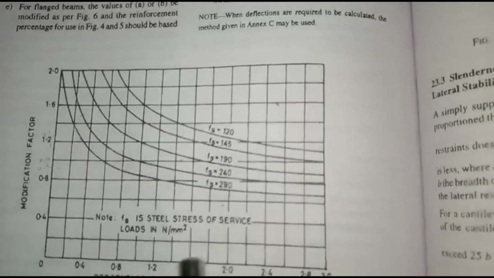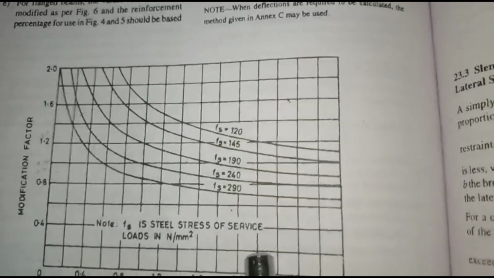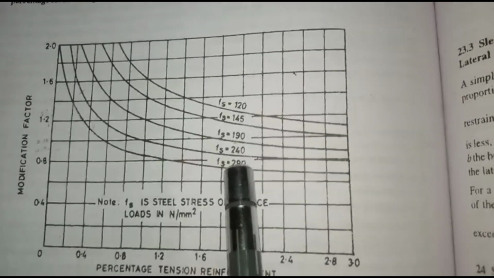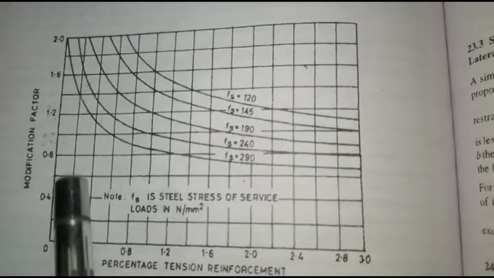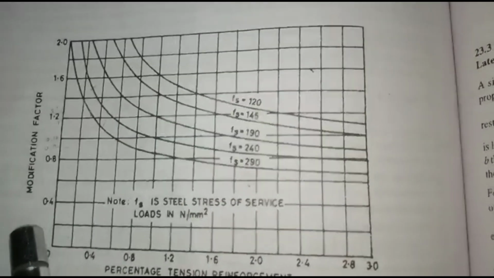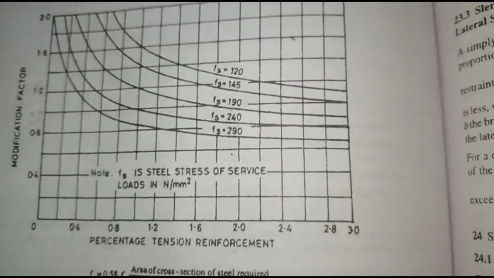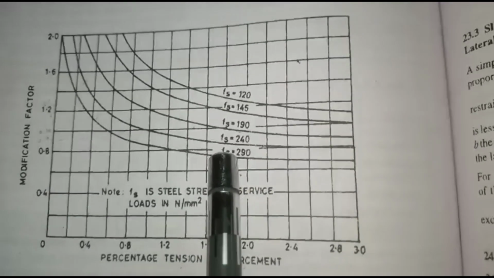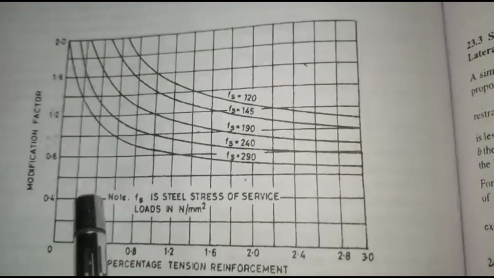So this is the chart. By using this we'll calculate the KT value. By using the value of percentage of tension reinforcement, and by using this Fs curve, we'll calculate the KT value.